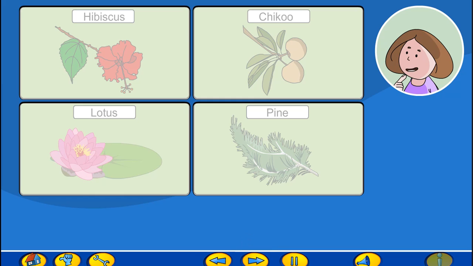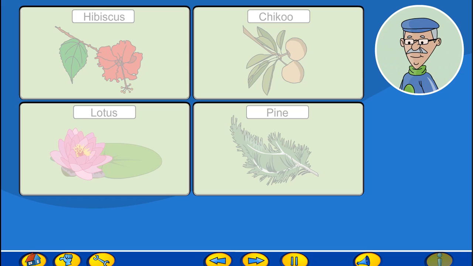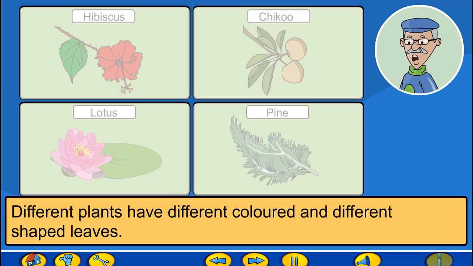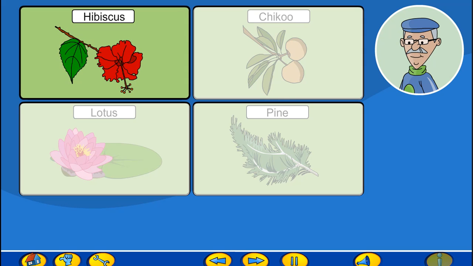Grandpa, the plants in your garden have different types of leaves. Yes, leaves of different plants have a different shape and color. Some leaves have rough edges, whereas some of them have smooth edges. Some leaves are pointed and some are round in shape.